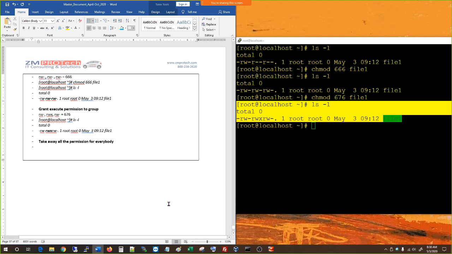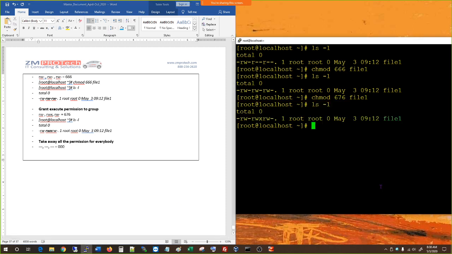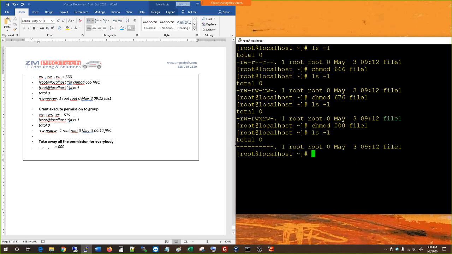Okay, what would that be? This is the permission I want to give. 000. Yeah, 000. Okay, so what I'm trying to drive home here is the idea how this is working here. Okay, so if I do chmod 000 and then file 1, then if I do ls -l, then nobody has any permissions, nobody can even read it here.